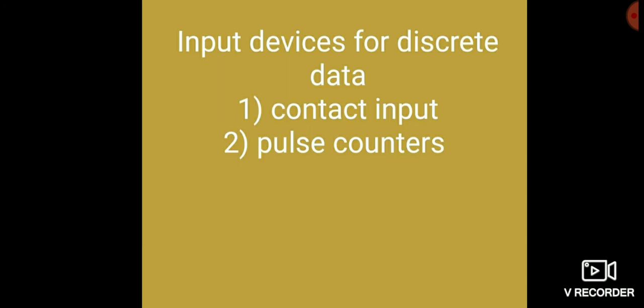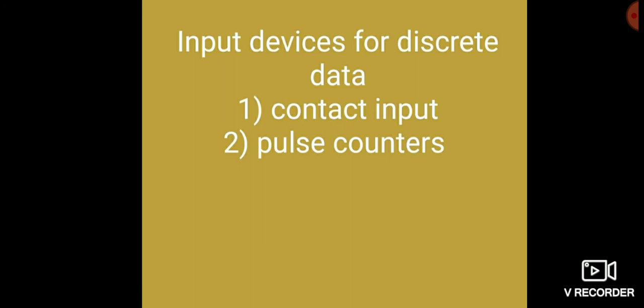The first two categories, that is binary data and discrete data, are communicated between the process and computer by means of contact input and contact output interfaces, while the pulse data are entered into and sent from the computer using pulse counters and pulse generators.